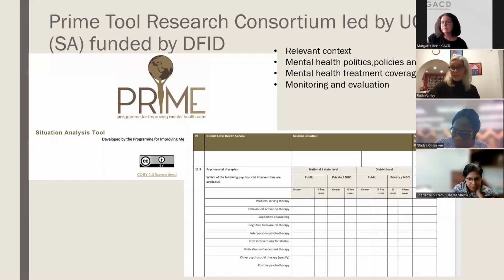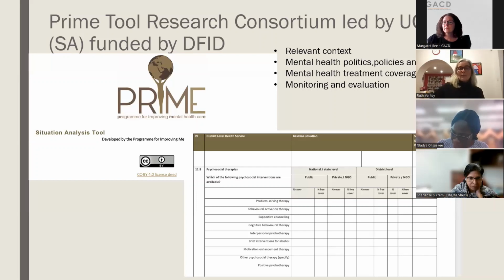We did not use this one in our GACD funded study, but I still felt it was extremely important to show it to you. And I've been sending that to people that I've been working with. It covers all the relevant context one can think of. You can Google it and download the tool.